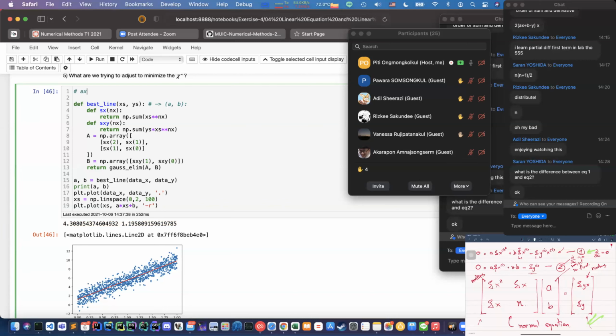Parabola, by the way, is ax squared plus bx plus c. That's why I taught a, b, and c, not m and c, in the beginning. You only need to modify two lines, but do the math and then you can see you need to modify two lines.